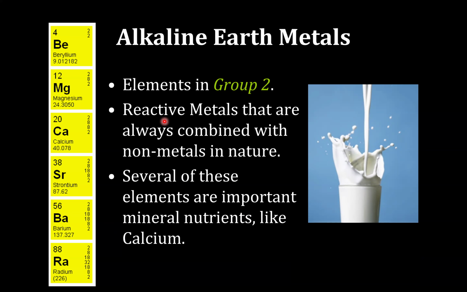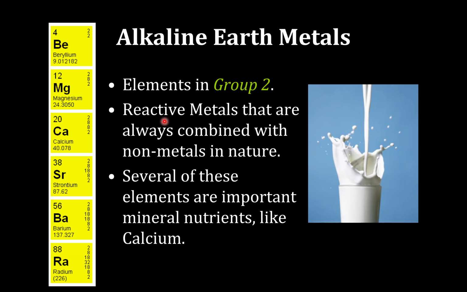Several elements are important. For example, calcium. You find calcium in milk, right? Usually, when people ask you to drink milk, that's because of the calcium that milk contains, which supports your bone density, the bone structures of humans. That's why people ask babies to drink milk, to make your bones stronger.